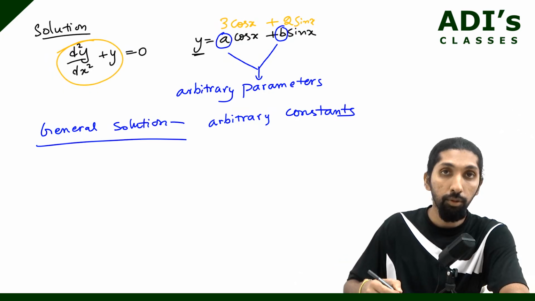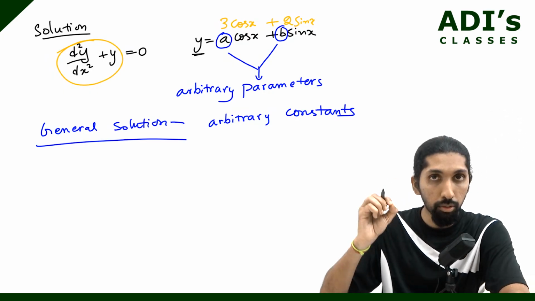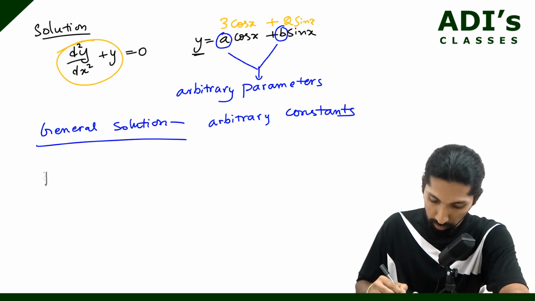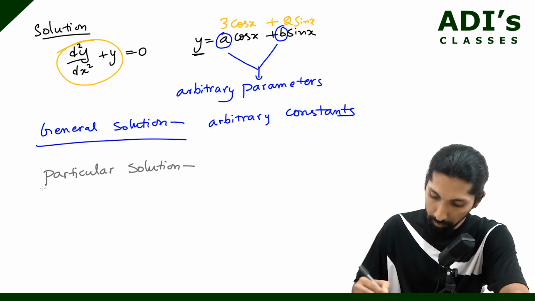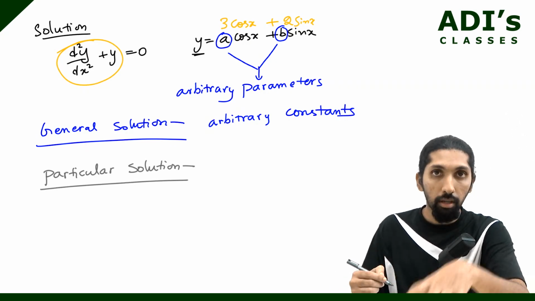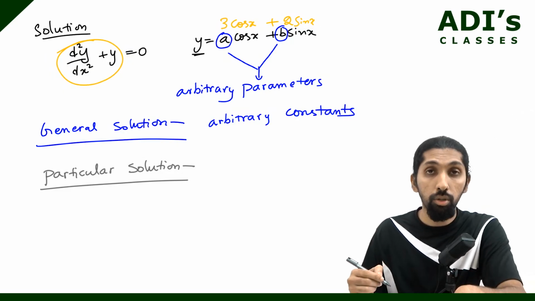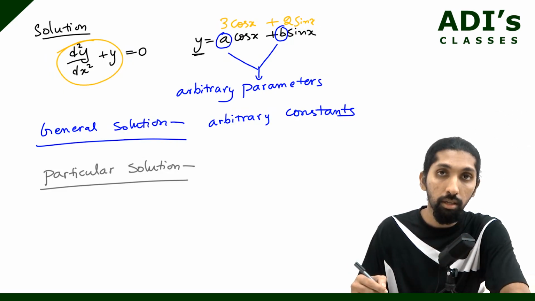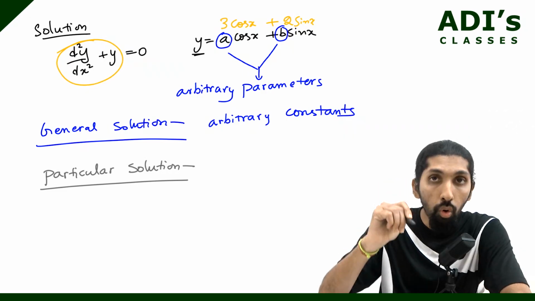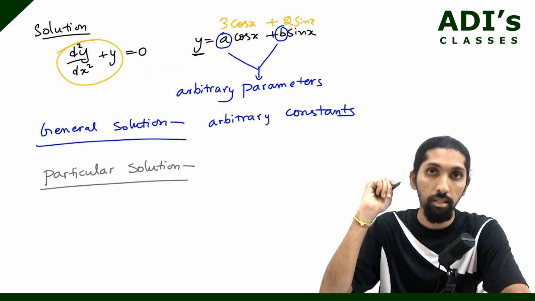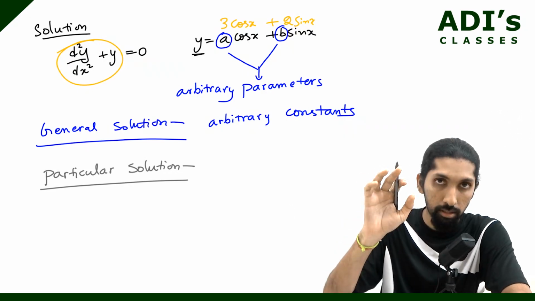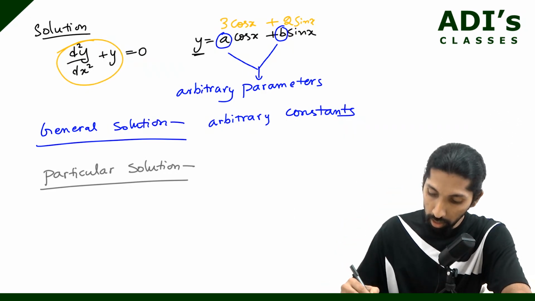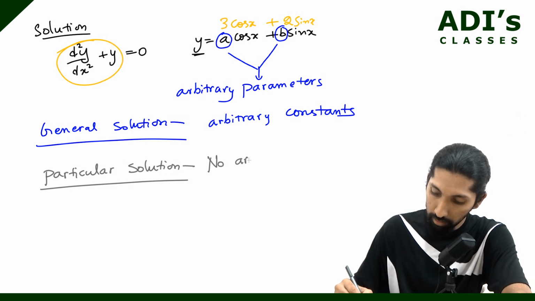Whereas the next one we have is the particular solution. This is a solution to a differential equation where there are no arbitrary constants. So everywhere what you have is a real number. Understood? So there are no arbitrary constants.